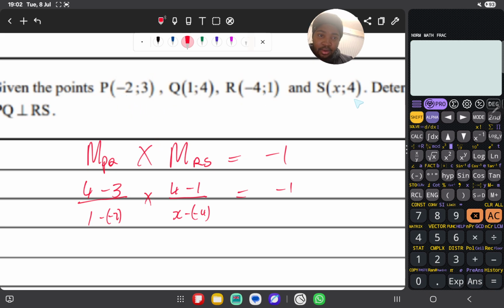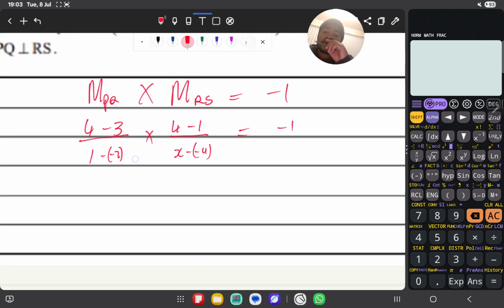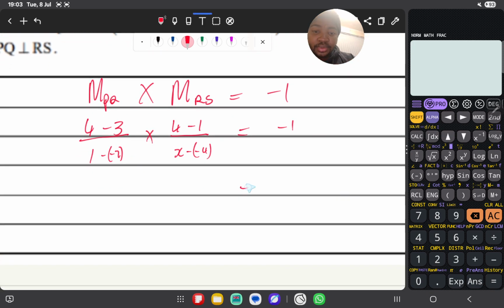And then 4 minus 1, x minus 4. So everything is fine. -1, this is 1. Sorry for that. This is 1, then of course you have a plus here, so that is 3.